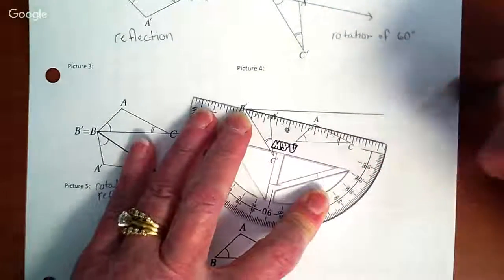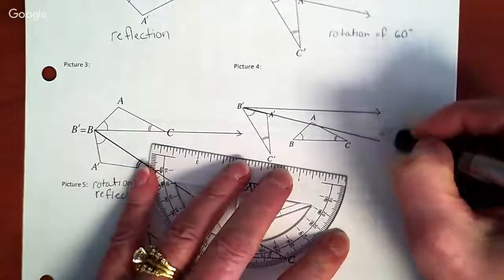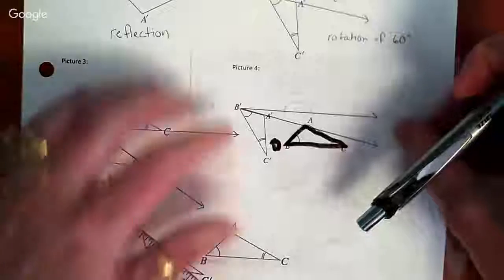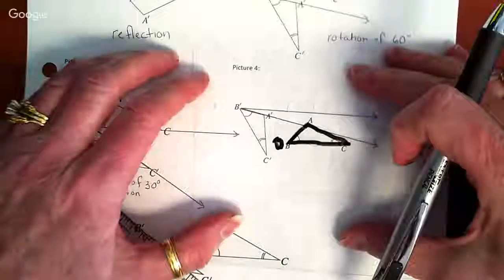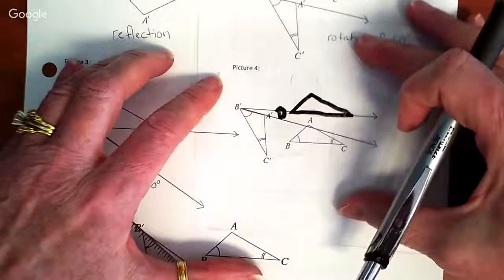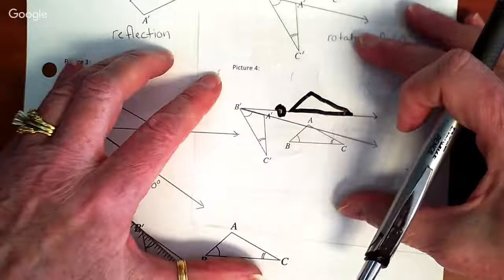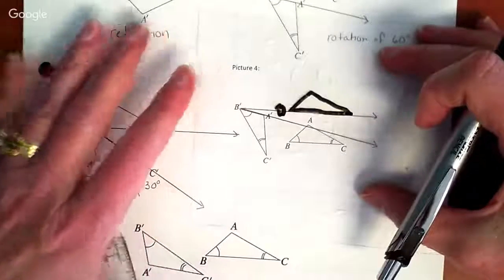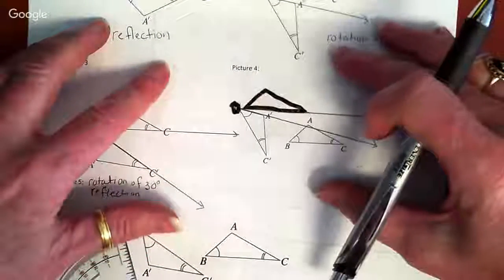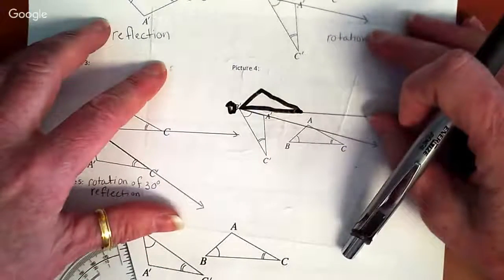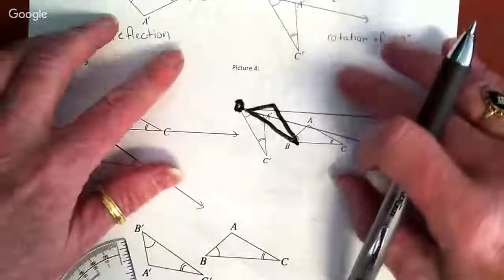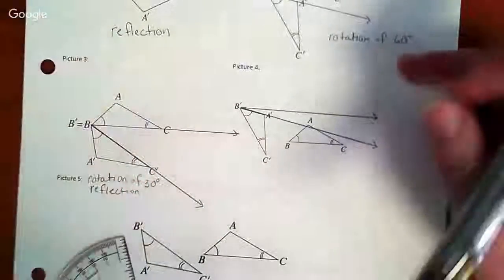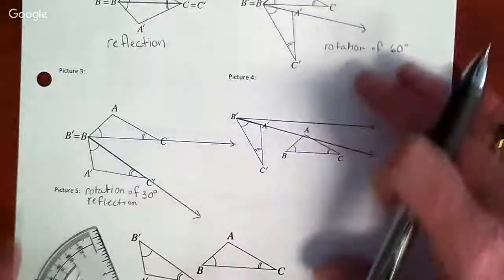The reason I'm showing you this one is because if I take this and I translate it up even with my B prime, and I translate it over to the left, then I can rotate it, just like that. So when I do that, I have my translation.